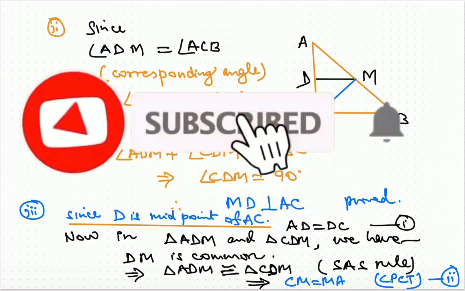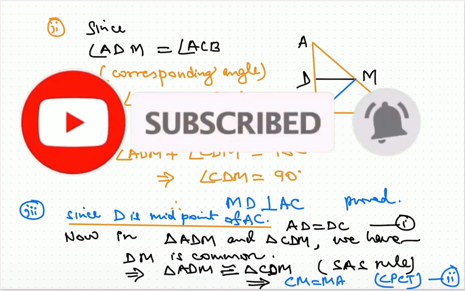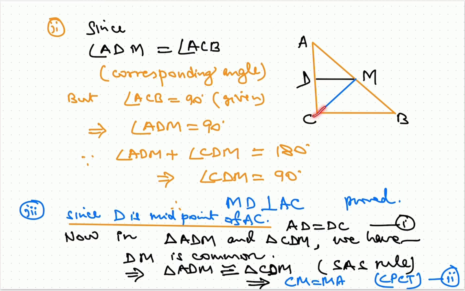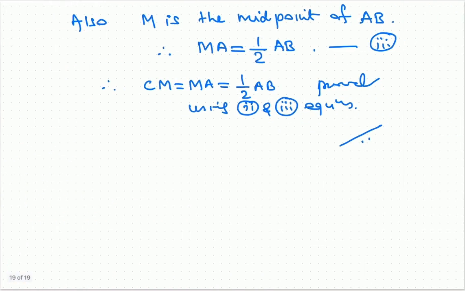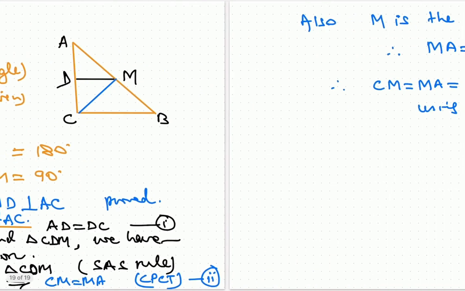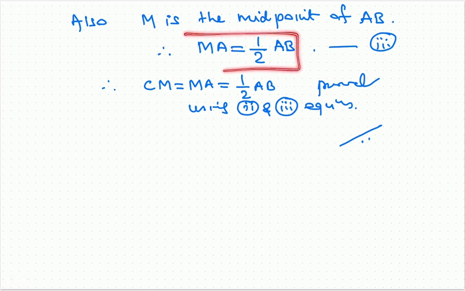Therefore, as per CPCT, corresponding parts of congruent triangles are equal, so CM is equal to MA. Already it is given that M is the midpoint of AB, therefore MA is equal to half AB.